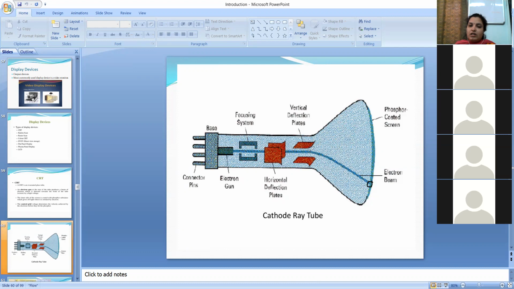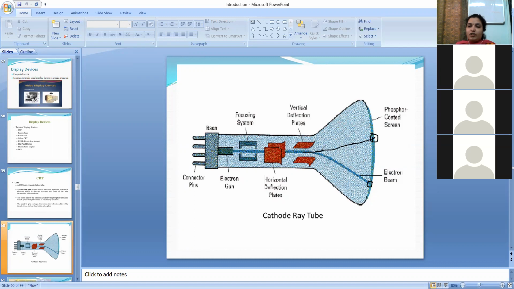Suppose this electron beam moves in this manner. It will strike here, and this particular portion will change its color. This is how we get the pixels on the output screen.